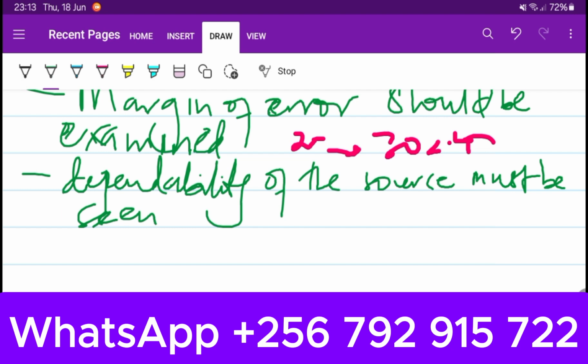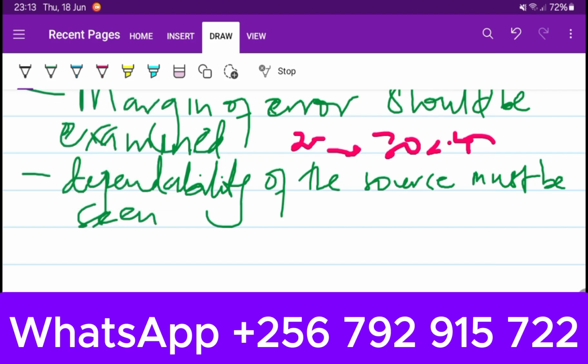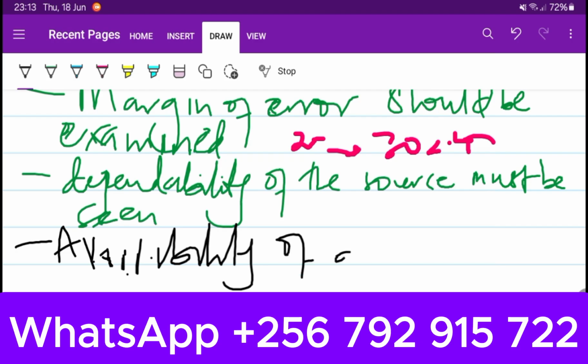So the other point that will affect the reliability is the availability of the data. Because we may say we have collected the data, but the data is not available. Availability of the data.